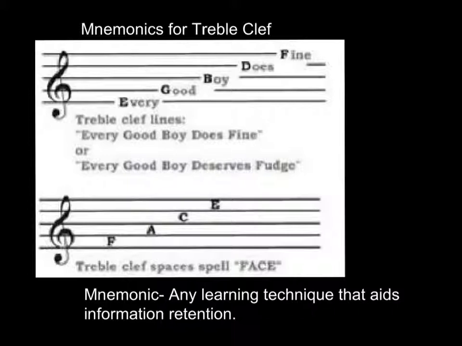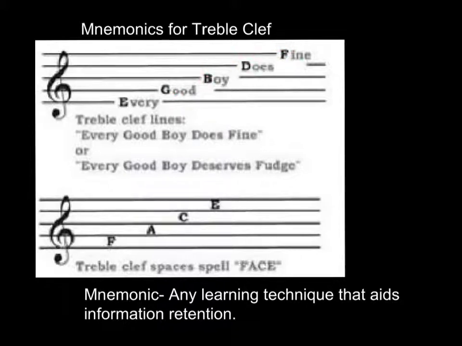So for the lines, we have two phrases, or any other phrase that you can make up for that matter. Every good boy does fine. EGBDF. Or, in this case, you could use every good boy deserves fudge. Again, represents the EGBDF.